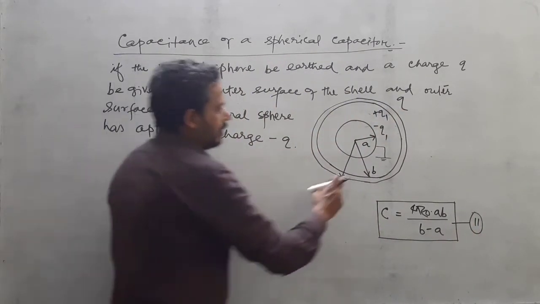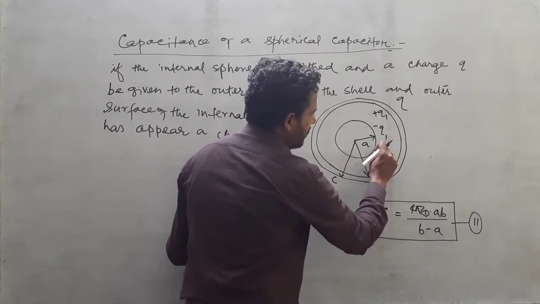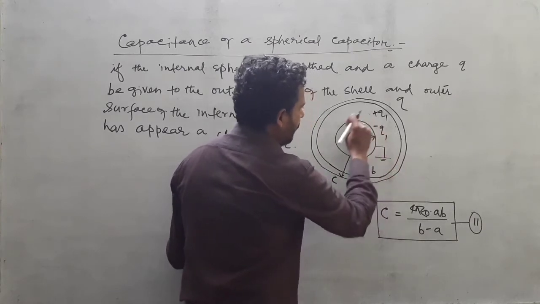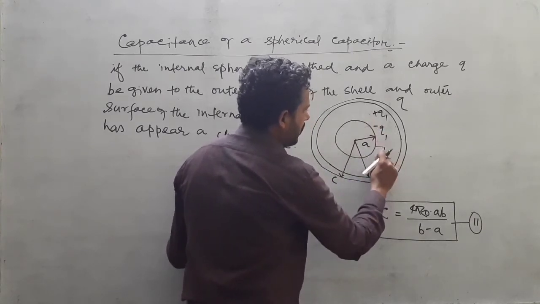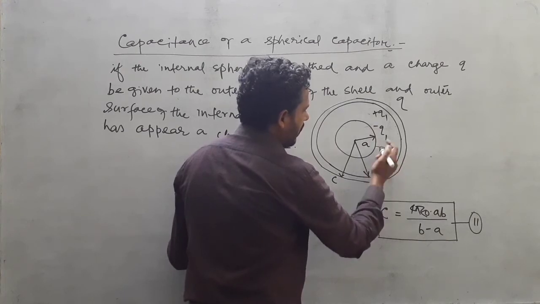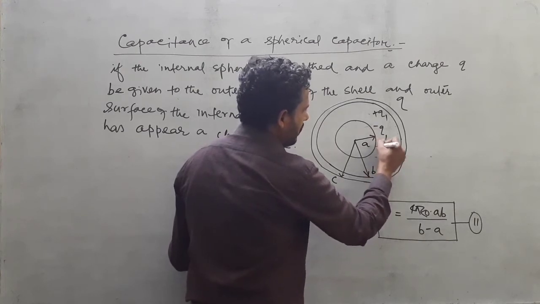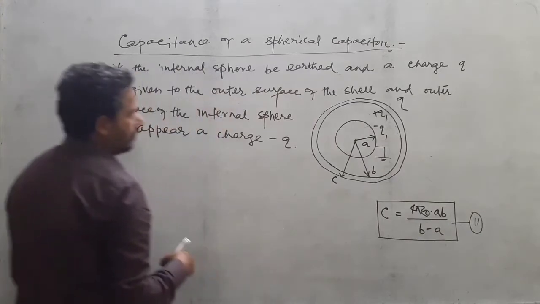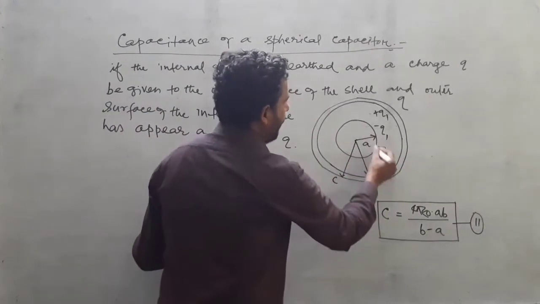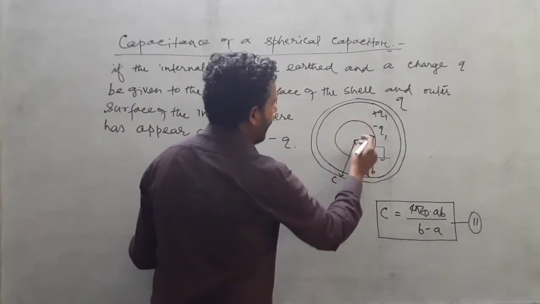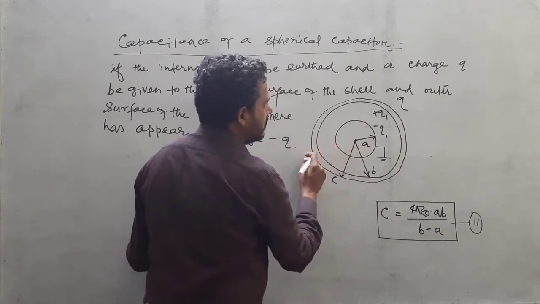Then, because the outer surface of the internal sphere is earthed, you just find the potential on this surface. You name it: this one is a, this one is b, and this one is c.